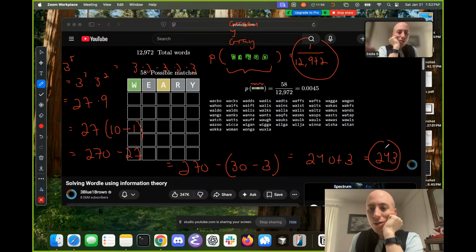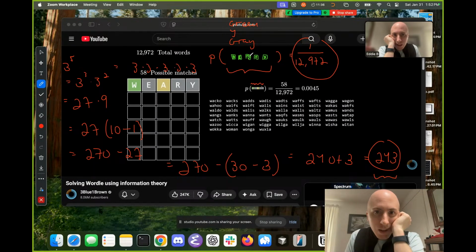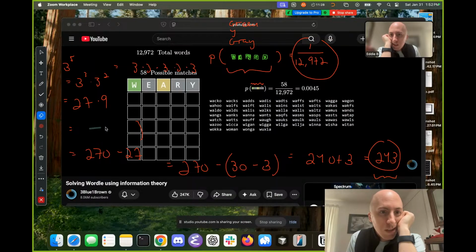And 243 looks familiar, but all right. So there's 243 possible guesses here, but these things aren't all equally likely, like getting green, green, green, green, green.